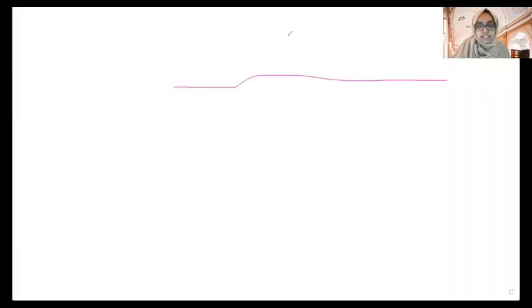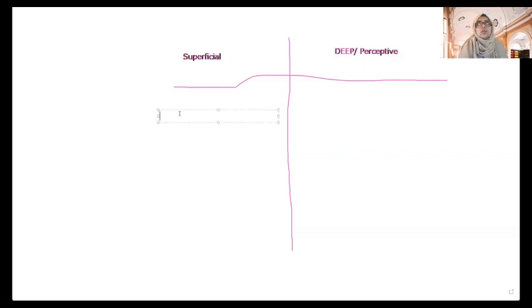So this is essentially what distinguishes, you can see that I am a great artist at drawing tables, superficial versus deep or perceptive. So superficial basically means when you talk about things like the physical appearance of things, when you just talk about explicit things, things that are really obviously said in the text.